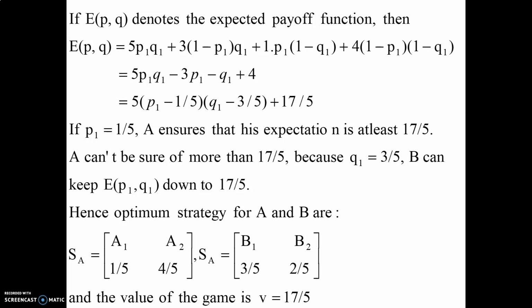A can't be sure of more than 17 by 5 because Q1 is equal to 3 by 5; B can keep E(P1, Q1) down to 17 by 5. Hence, the optimum strategies for A and B are A1 A2 with 1 by 5, 4 by 5, and B1 B2 with 3 by 5, 2 by 5, and the value of the game will be 17 by 5, which we have calculated using the above formula.